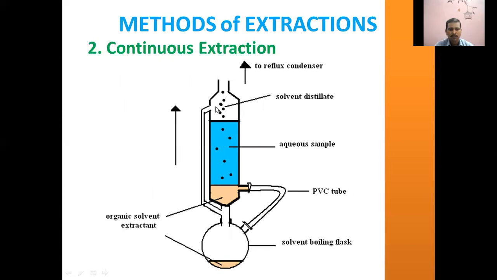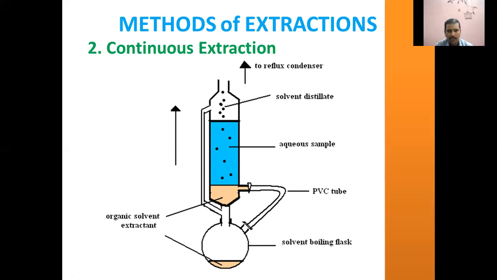Here is a simple apparatus, a simple equipment, to demonstrate continuous extraction, where we can take both types of solvents. The organic solvent may be denser or lighter. Both denser and lighter solvents we can use, but if you use a lighter organic solvent, the organic solvent will be at the top of the aqueous solvent.